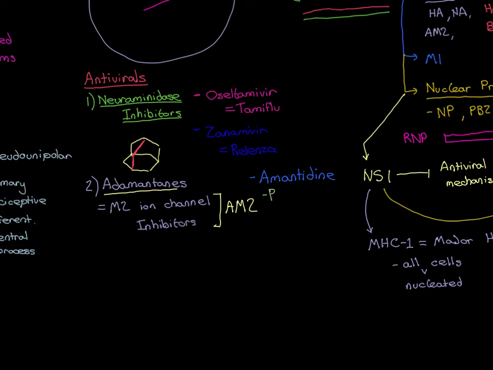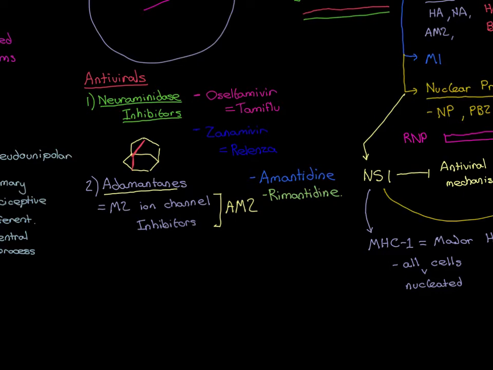The other one is rimantadine. So amantadine and rimantadine are both examples of adamantane drugs. They have this structure at their core. They're just interesting modifications of this core structure, and both of these can go into the M2 ion channel and block that M2 ion channel to block protons coming in.